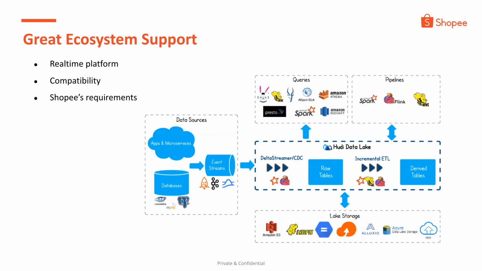Hudi has good support for streaming scenarios. We want to use a pure streaming approach to build our data integration environment. So streaming support was one of the reasons we chose it. For compatibility with various big data ecosystems, the data set we build will be loaded with multiple demands, such as batch processing, stream processing, and incremental processing.